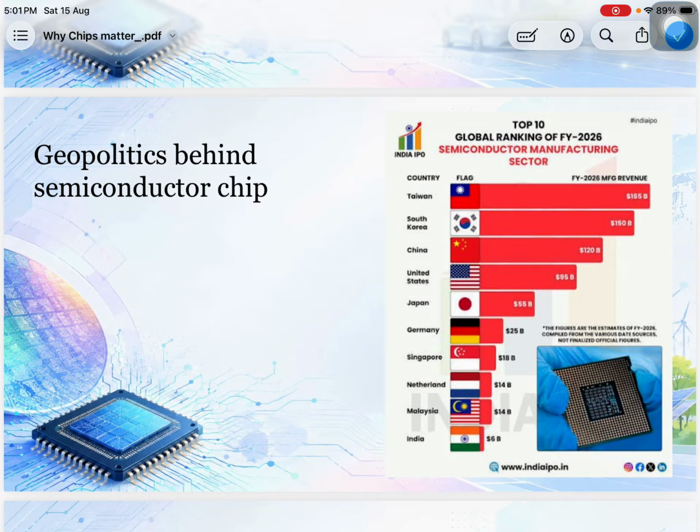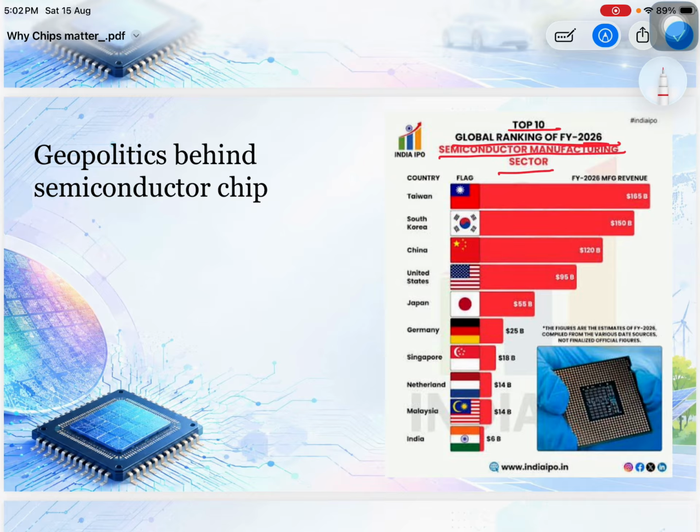And why it becomes more integral for our lives, because of the graph you can see on your screen. This graph clearly explains the semiconductor manufacturing sector top 10 global ranking until FY26, financial year 26.